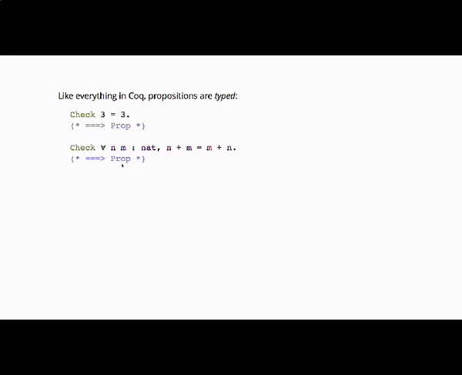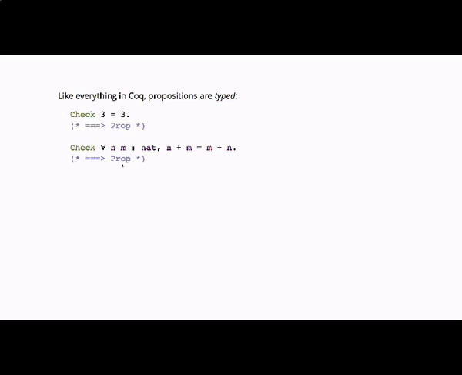That is, in Coq's world, it lives on the logical side, and it is a proposition. What is a proposition? It's a logical claim that may be either provable or not provable. And what is a proof? It's evidence for a claim.